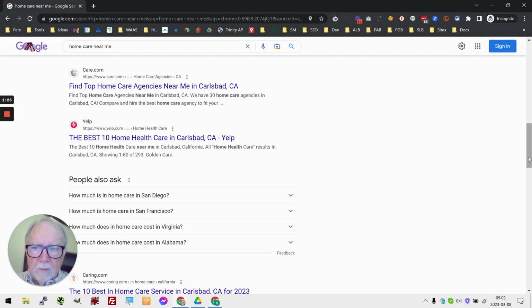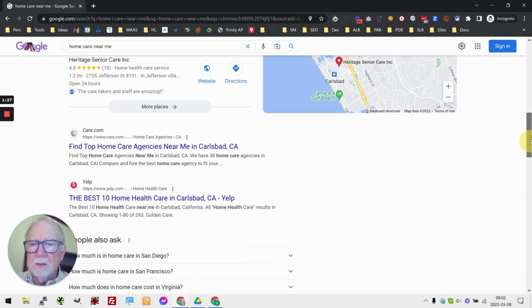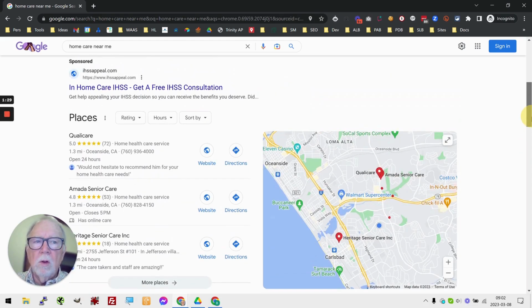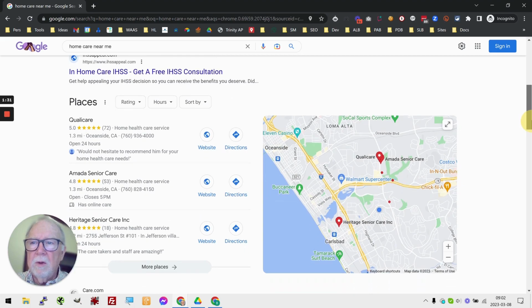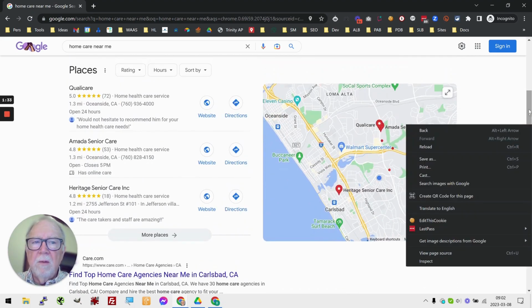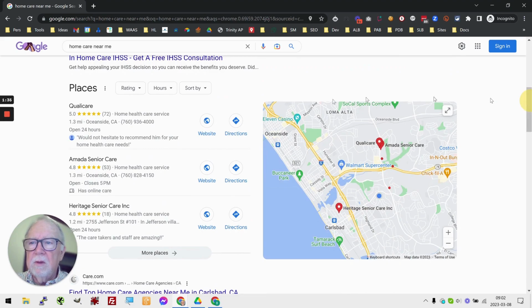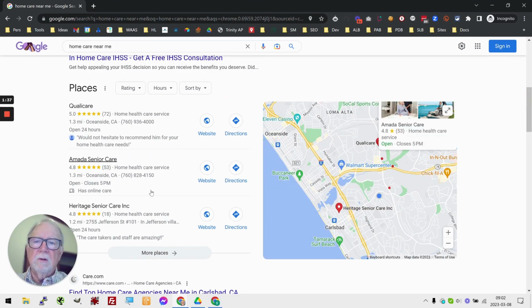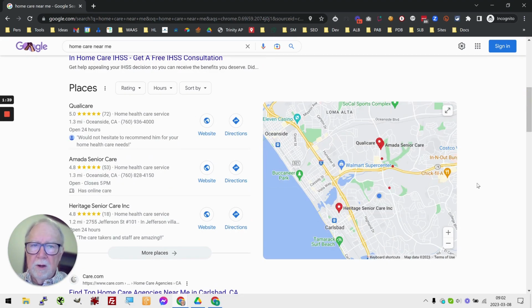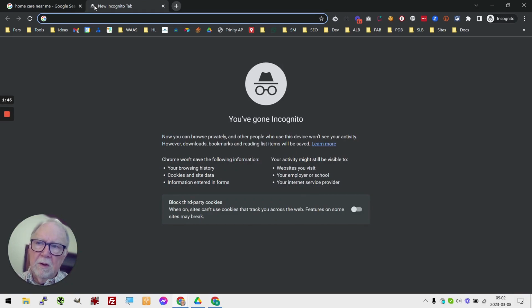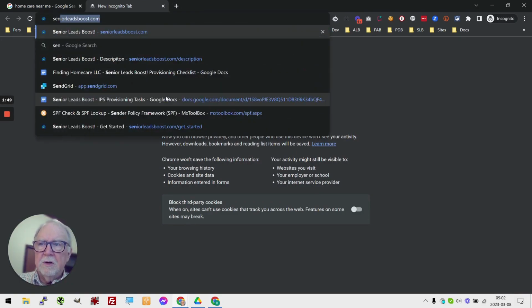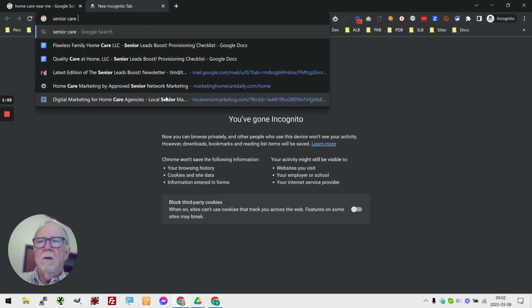Now, in this particular instance, in the local pack that we have here, for this query, it's these three companies. These are near where I'm currently located. Now, what if we do another search, and I'm going to just start a new tab here, and what if we search for senior care near me?